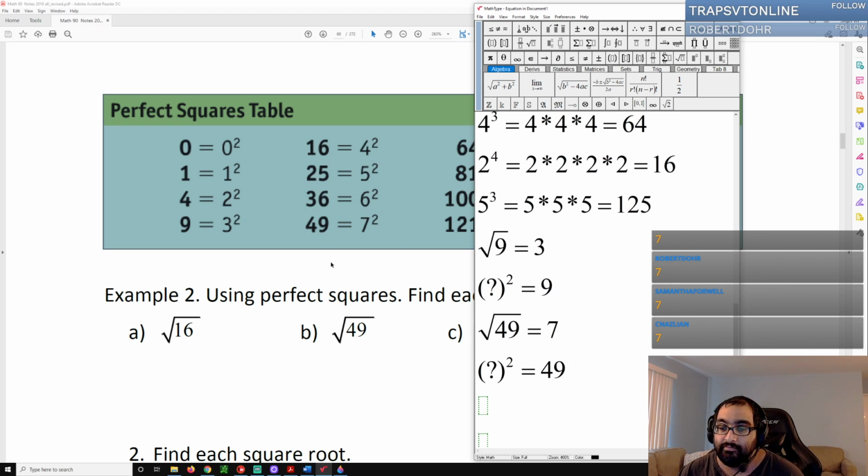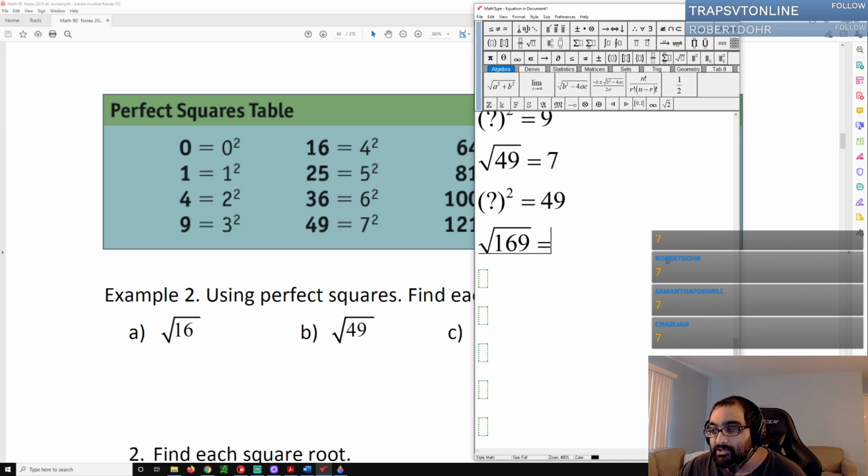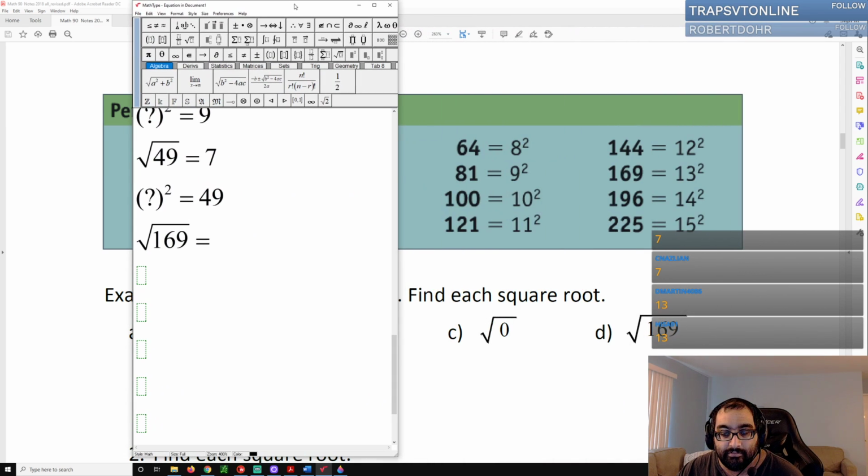Awesome. Let's ramp up the difficulty here just a little bit. How about the square root of 169? So the square root of 169. All right, move this over here, sorry.